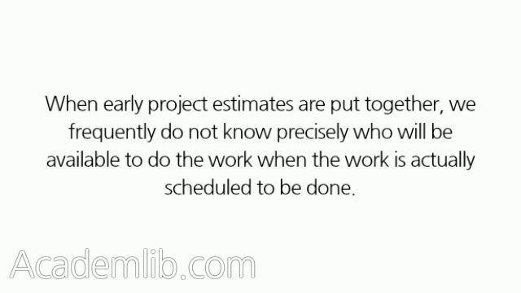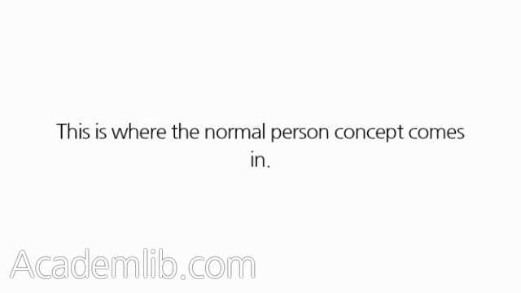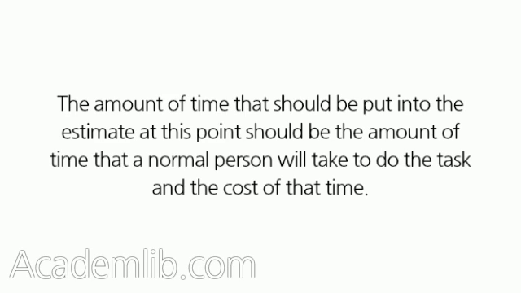When early project estimates are put together, we frequently do not know precisely who will be available to do the work when the work is actually scheduled to be done. This is where the normal person concept comes in. The amount of time that should be put into the estimate at this point should be the amount of time that a normal person will take to do the task and the cost of that time.